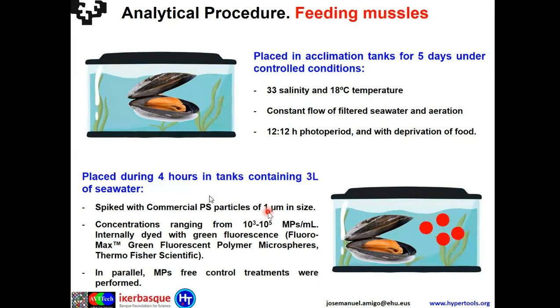Those polystyrene particles were fluorescently labeled, and I will tell you later why. Okay, so they were labeled with fluorescent dye, and we let the mussels eat them basically. And they did.